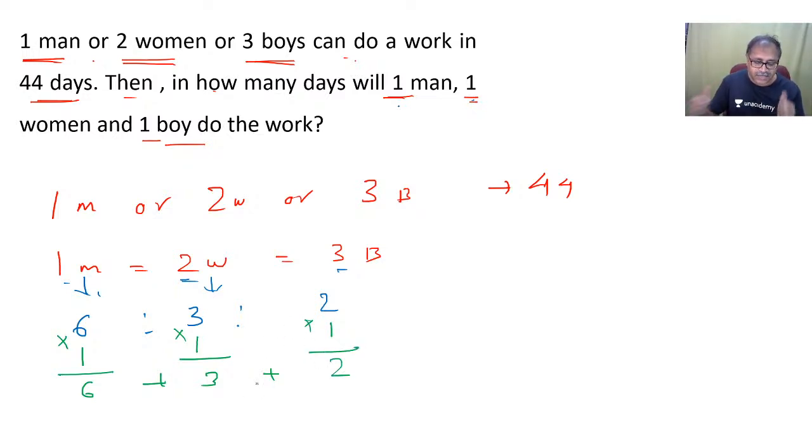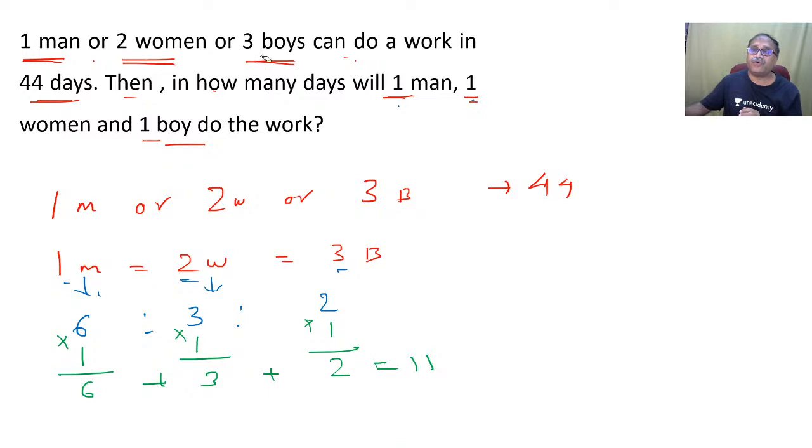Can someone answer the question? That's great, Akshita. You beautifully answered it. So the total is 11. So the work efficiency is 11.